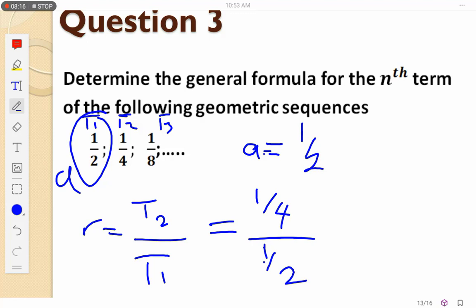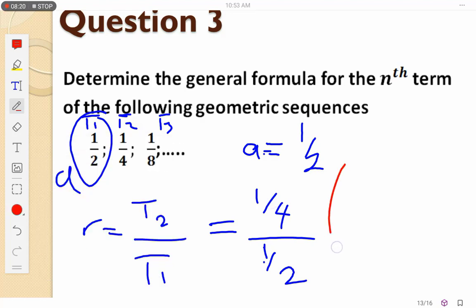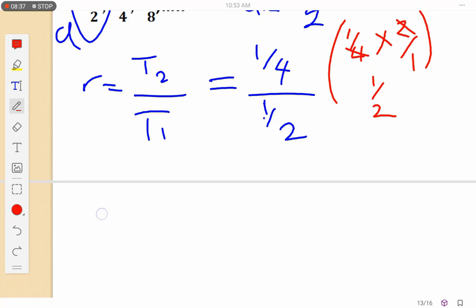Okay, and let me write it sideways, where I can have 1 over 4 divided by 1/2, which is the same as 1 over 4 times 2 over 1, like that, such that we'll have our answer as a half. So our common ratio is half. Okay, our R is equal to 1/2.